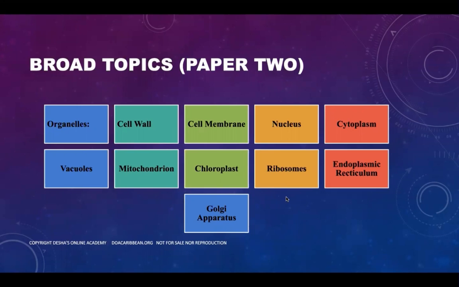Next, we have the brain, or the control center of the cell. This is the nucleus, right? It controls all the activities of the cell, as well as it houses an amazing molecule called deoxyribonucleic acid, DNA. We have the cytoplasm, which is a gel-like structure that holds the other organelles in place.